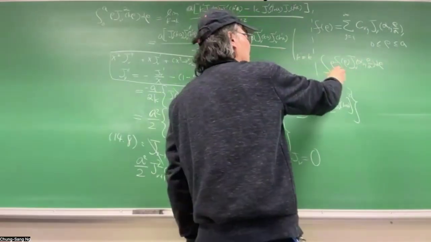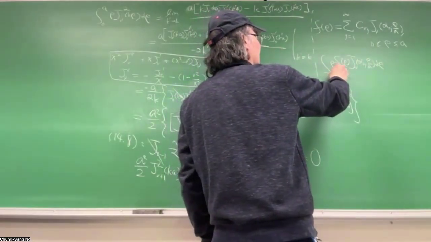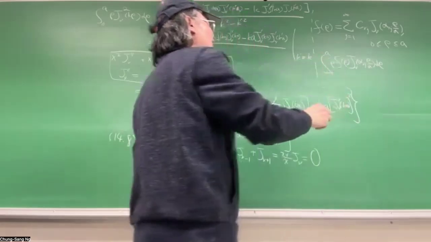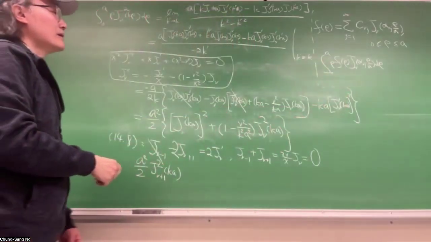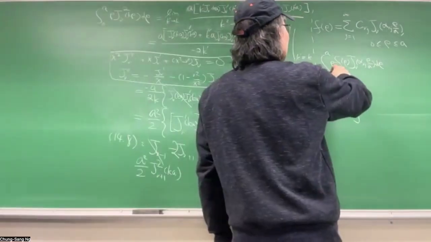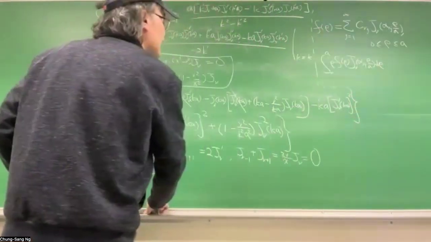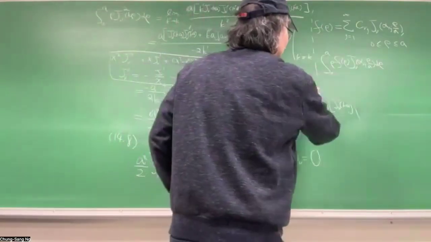That's the definition of the scalar product with this non-self-adjoint basis. Okay, let's get rid of this one. We don't need that now.